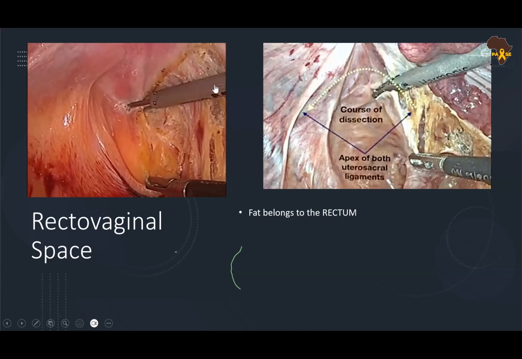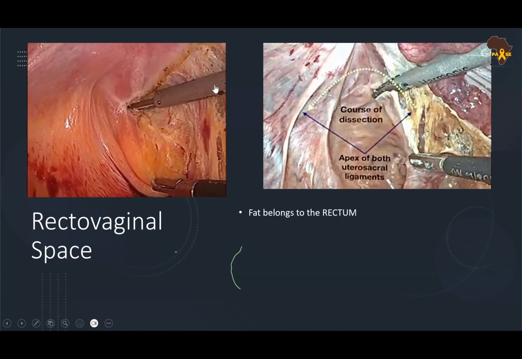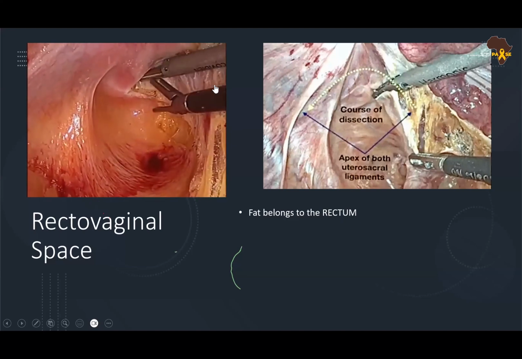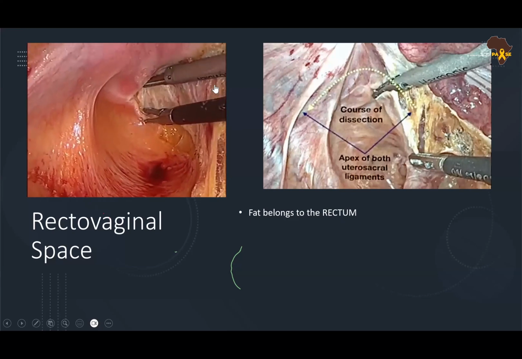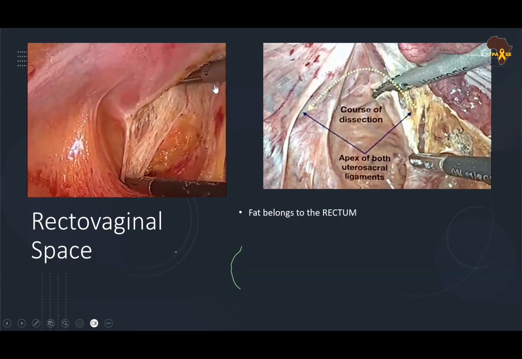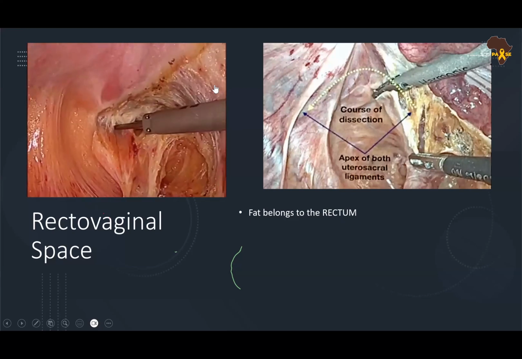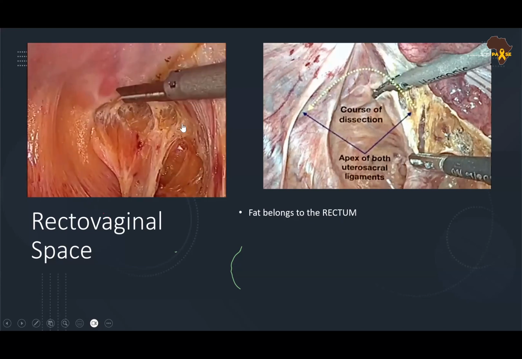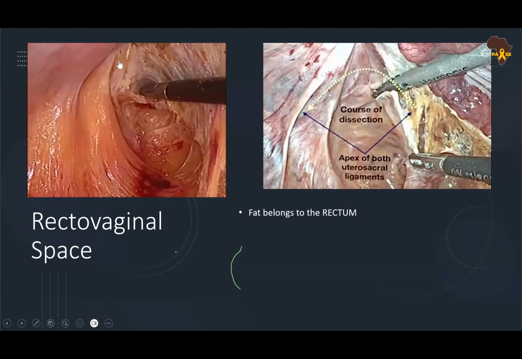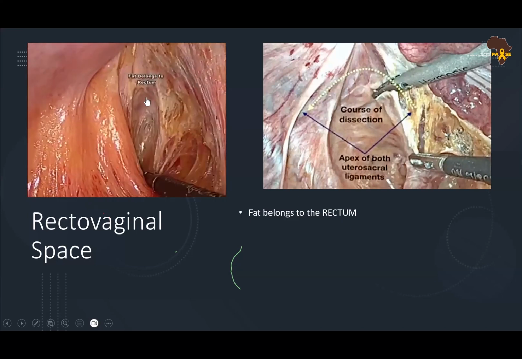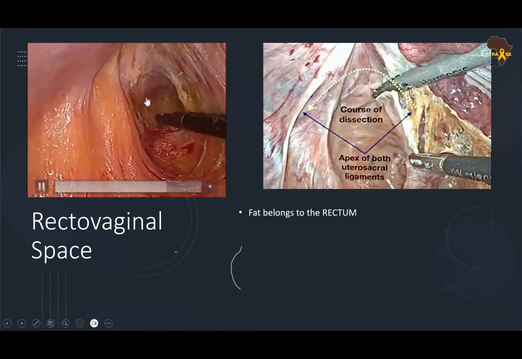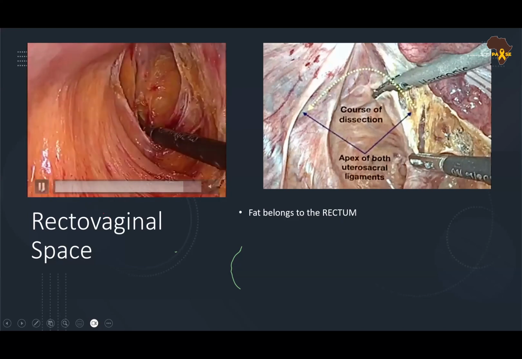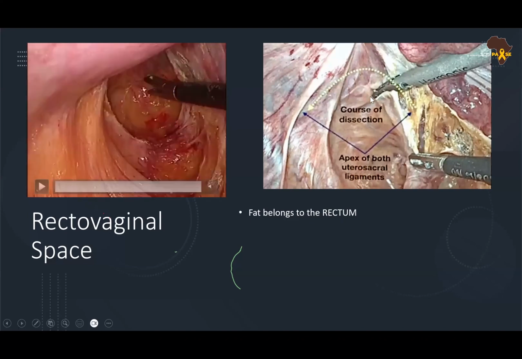This is well specified by a senior colleague of ours and a friend, Professor Shailesh Puntambekar, with the dictum, fat in this area belongs to the rectum. So if you dissect it, pushing this fat away, you have the vagina in front and the fat with the rectum going away from your dissection field. That is now becoming a safe area for you to operate.